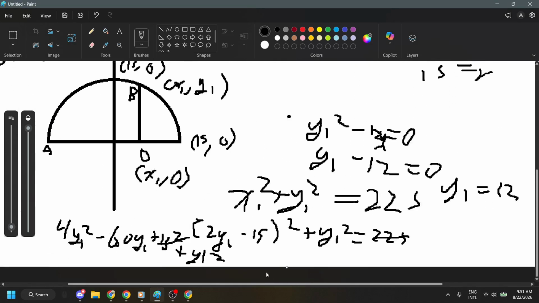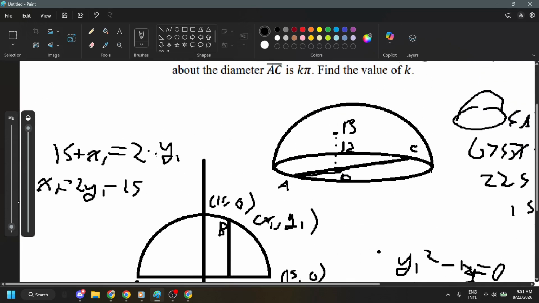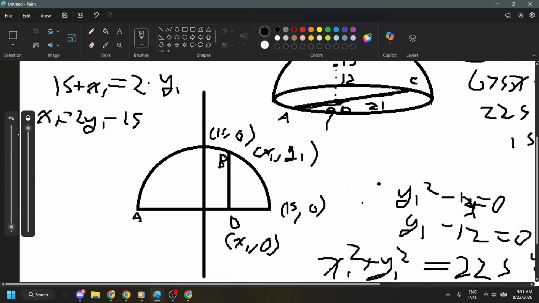And so that will mean 15 plus x1 is equal to 24. So 24 minus 15 is 9. So this is 9. So that means that this is 21. No, no, no, no, no. This is 24.